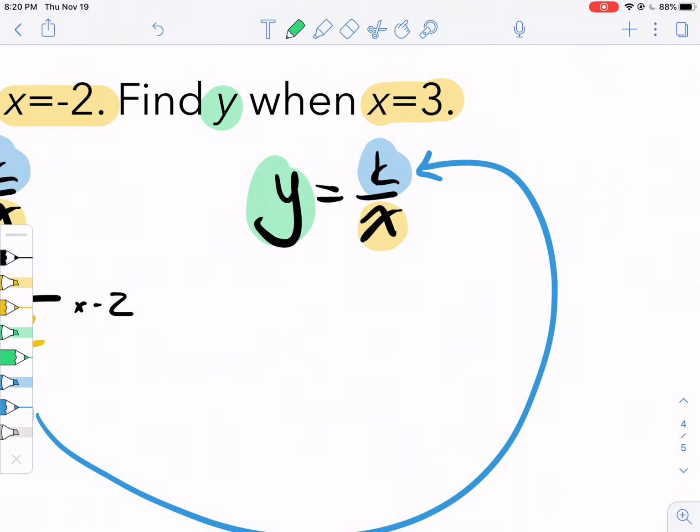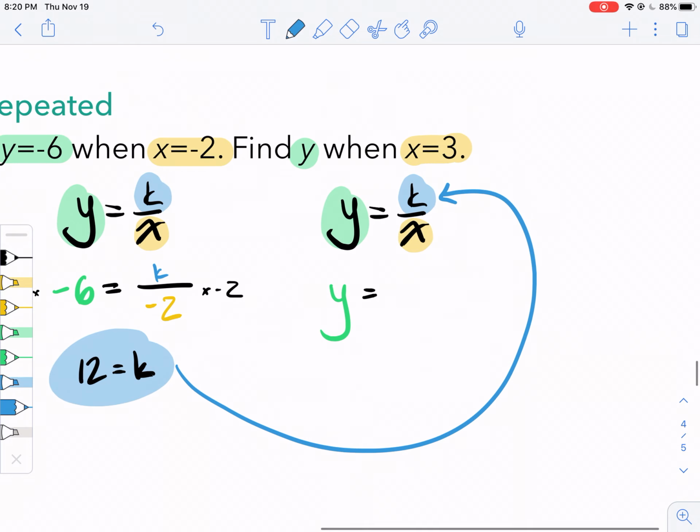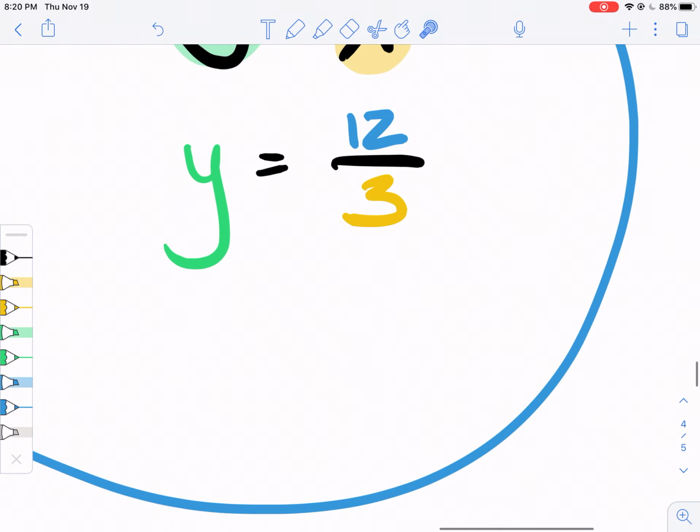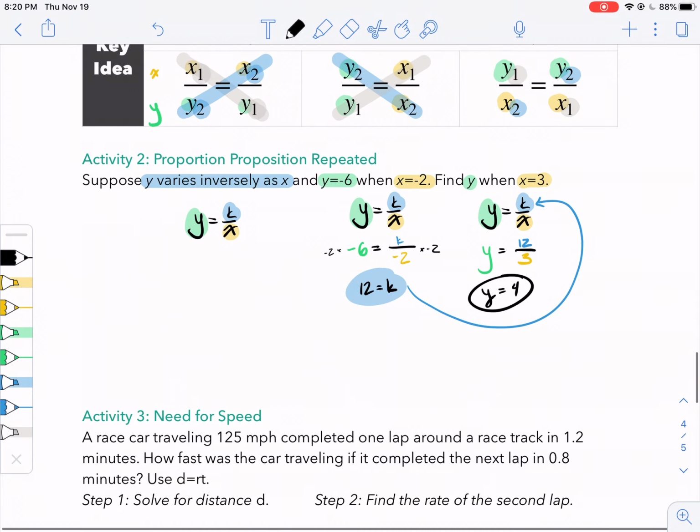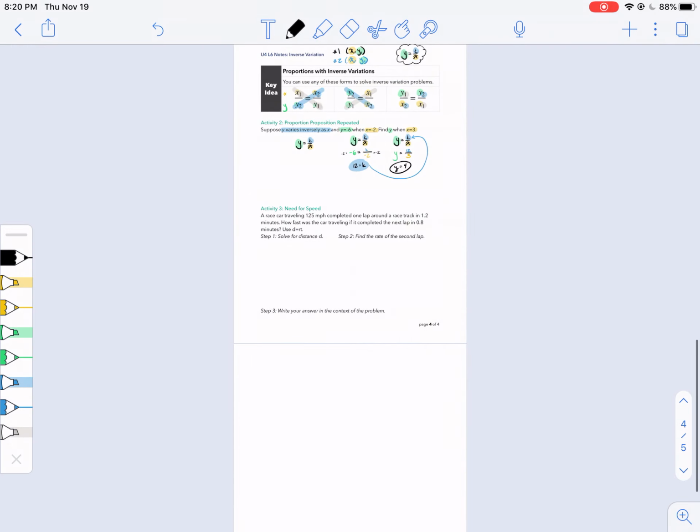We don't know what y is yet, so we have y equals 12 over x, which is 3 this time. And then we just solve. 12 divided by 3 is 4, so y equals 4. Yay!